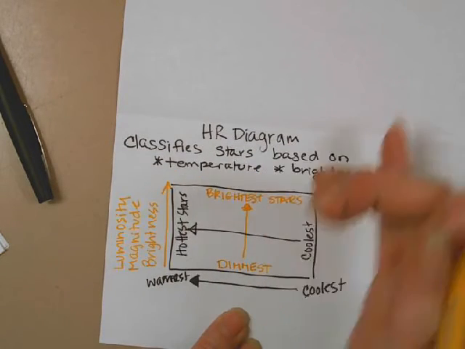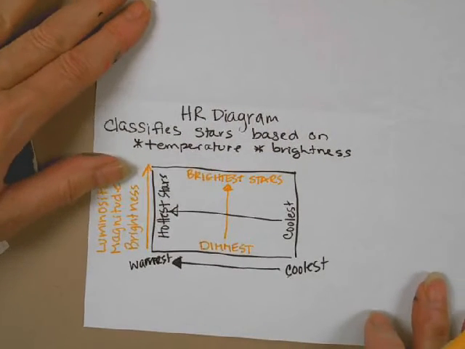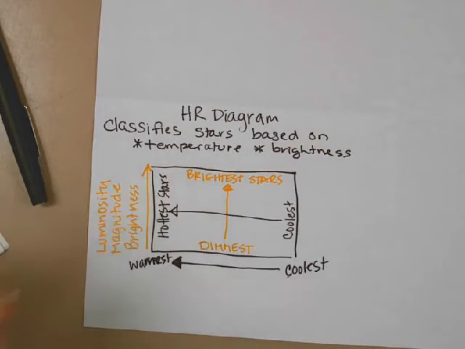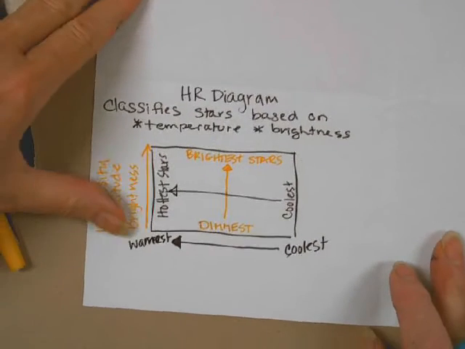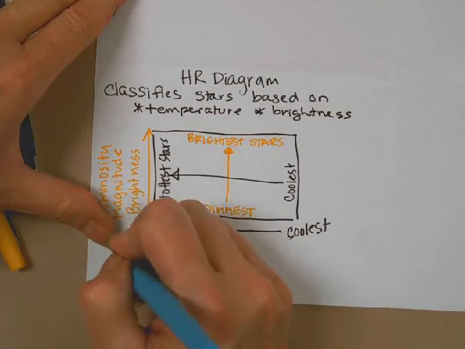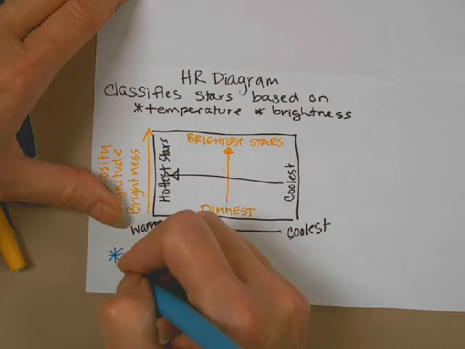Dimmest to brightest, coolest to hottest. Remember to look very carefully and compare stars before you make a choice. Also, what's important to know is the sizes.